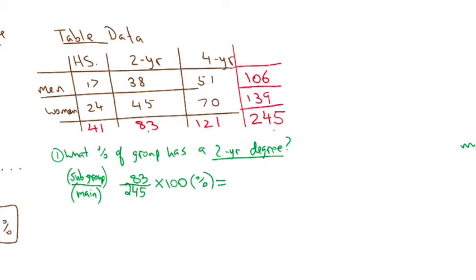And do you think I want that many decimals? 33.9. You're too loud, it just deafened me. 33.9. What's after the 9? Percent. So you already rounded it. 33.9% of this group has 2-year degrees.